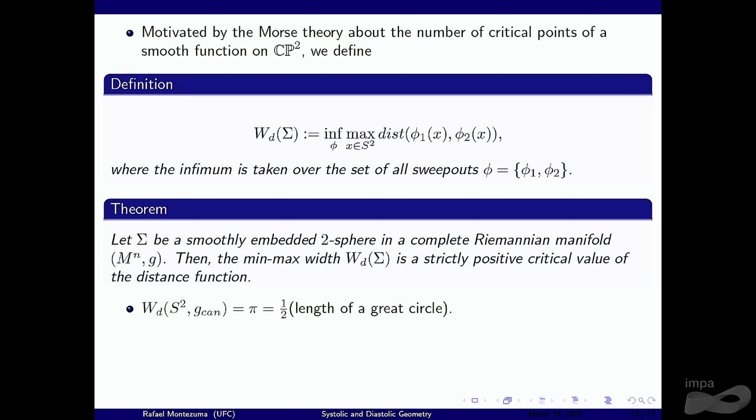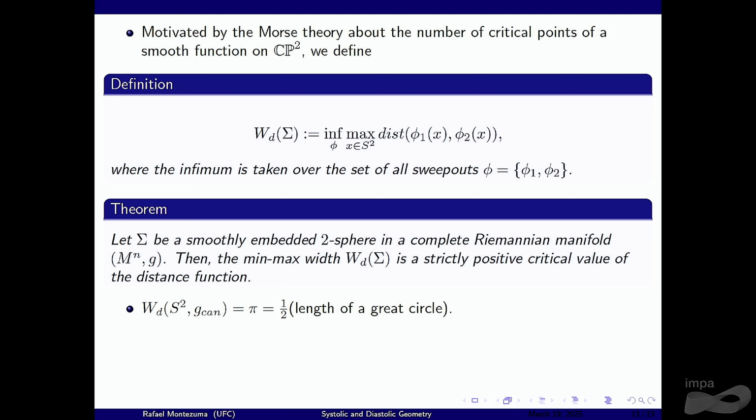Okay, so of course now it's natural to state this basic result, saying that under the natural extension of what you should understand as a critical point or a regular point, we can show that this min-max number is actually a strictly positive critical value of the distance. Some basic examples here.